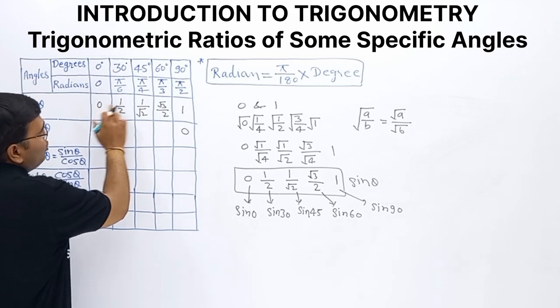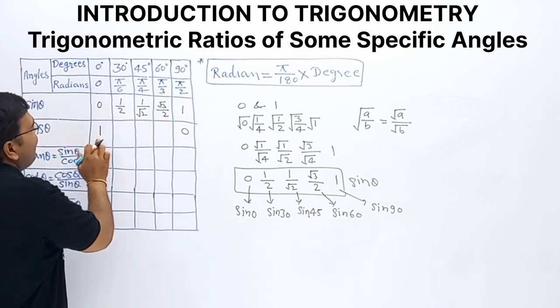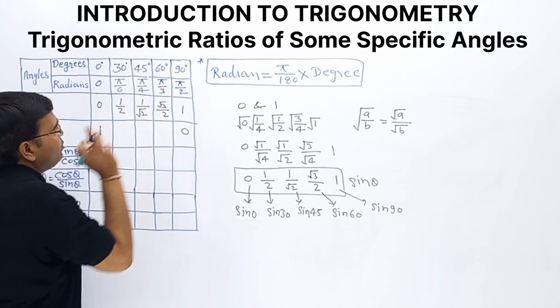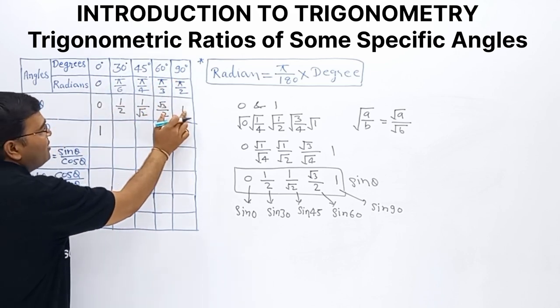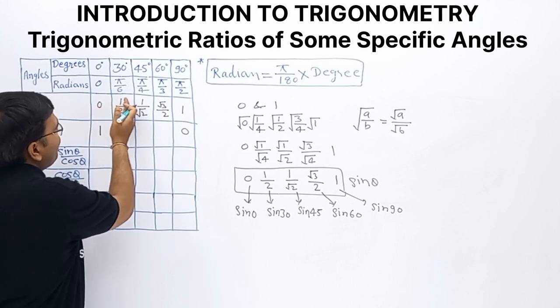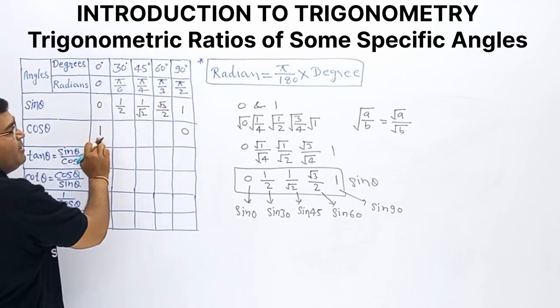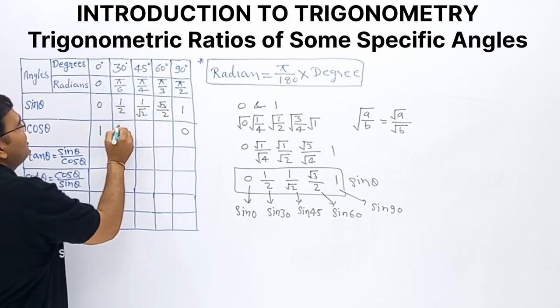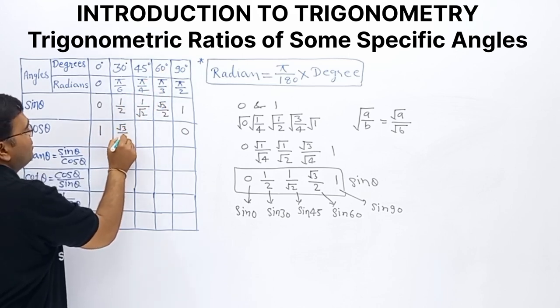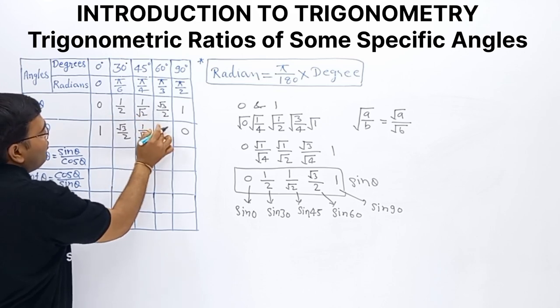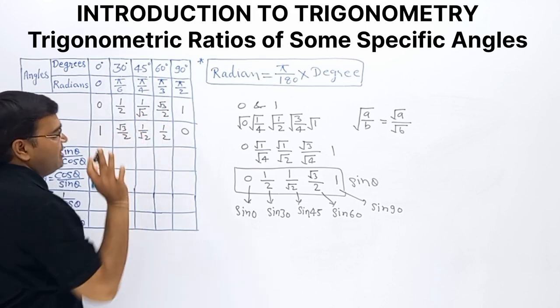So for sine it is going from 0 to 1, but for cos theta the value decreases as theta increases, from 1 to 0. We take 0, 1 by 2, 1 by root 2, root 3 by 2 and 1. The 90 value will be this one, the 60 value will be root 3 by 2, and so on for the remaining values.